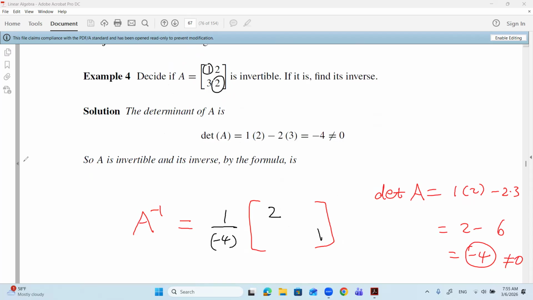And then for the non-diagonal entries of A, we change the sign. So this 2 becomes -2, 3 becomes -3. Be very careful when you try to apply the theorem to find the inverse. After you do this, don't forget to multiply by the scalar. After multiplication by the scalar, this is the inverse of A.